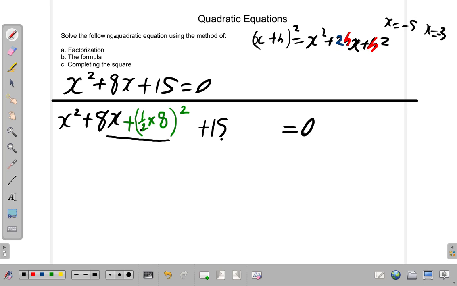You want this part in this form. Let's look back at this. Half of x all squared. You have x squared plus 8x plus half of 8 all squared plus 15. You see this half of 8 squared, it was not there before. So it changed the equation.